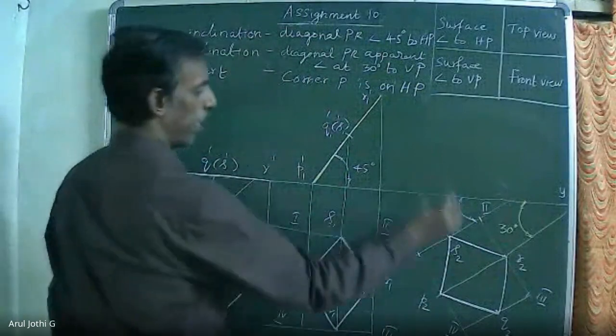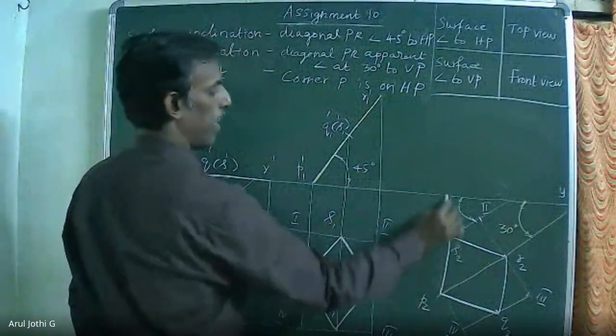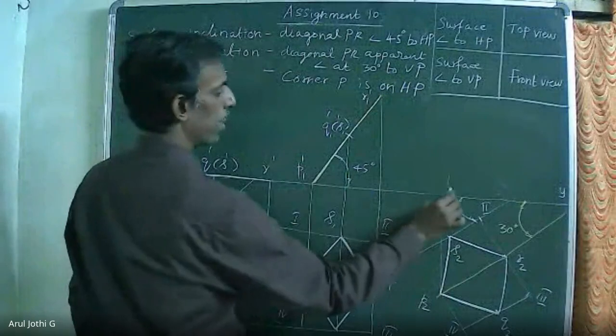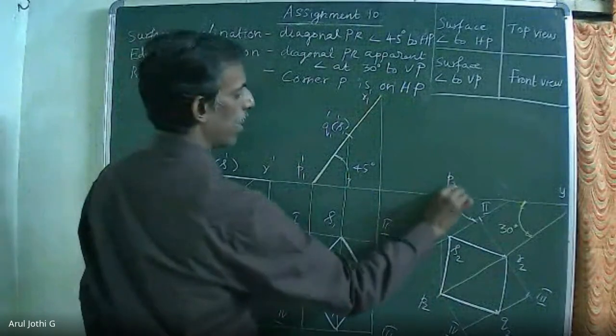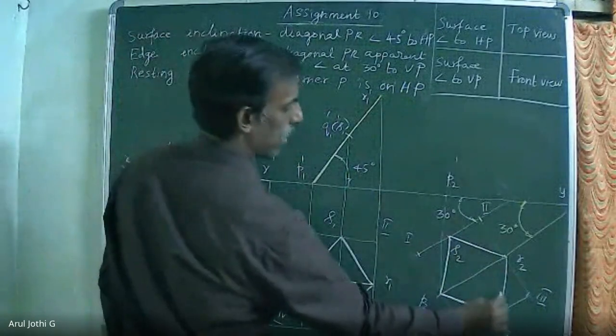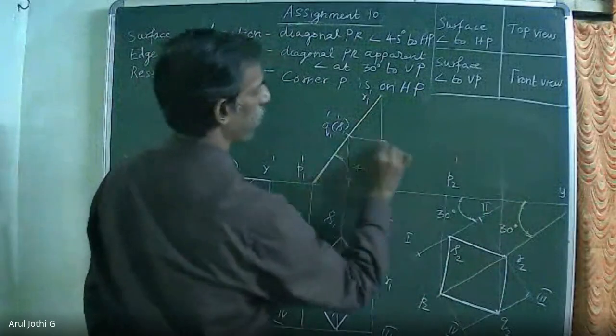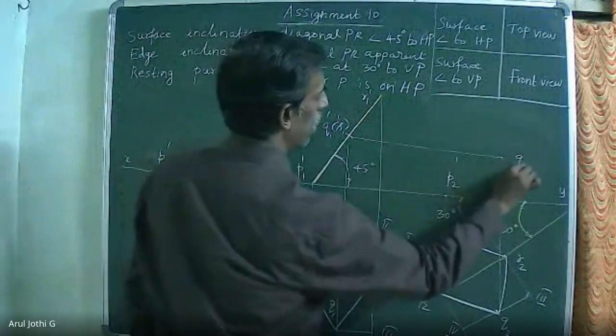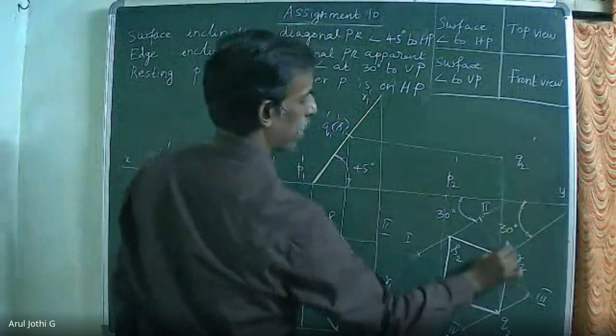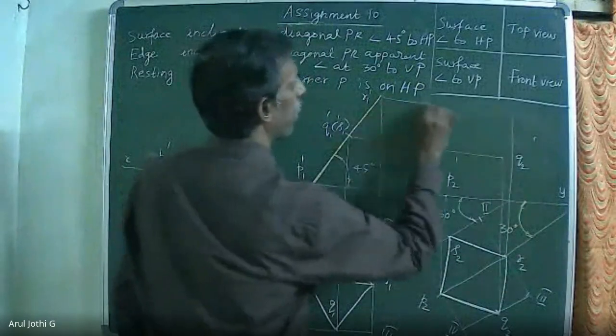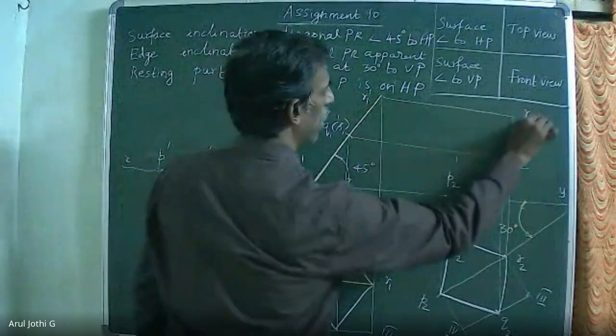Now you draw the final front view. Extend P, P1 dash. Extend Q, Q1 dash. Extend R, R1 dash.